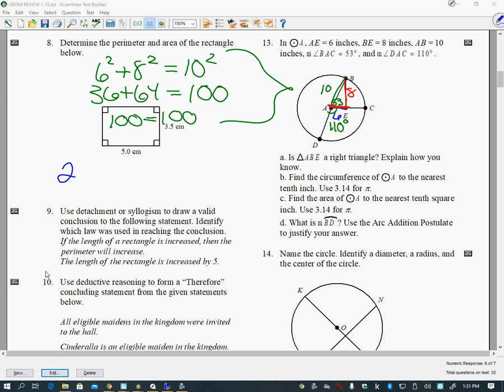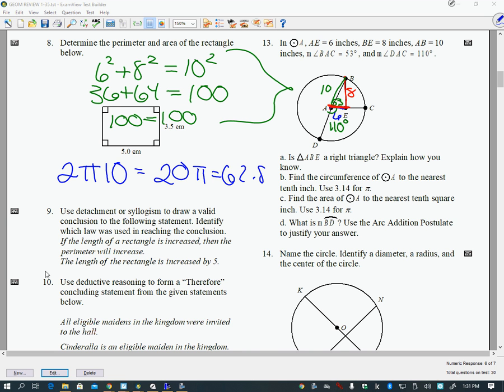All right, so 2 pi 10 or 20 pi, or 20 times 3.14 would give me my circumference, right? 20 times 3.14, 62.8.